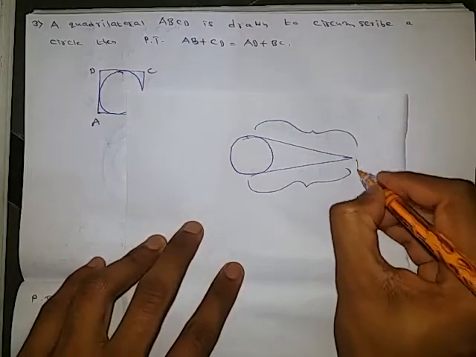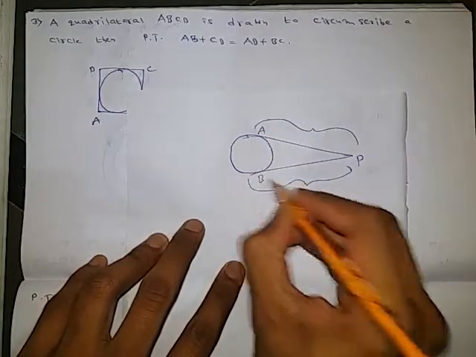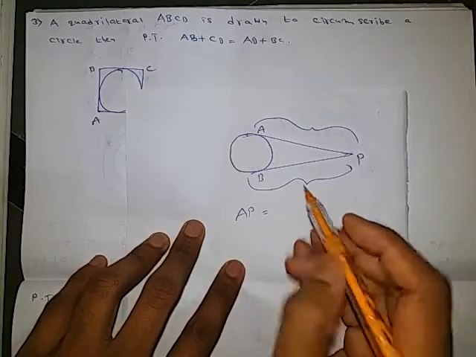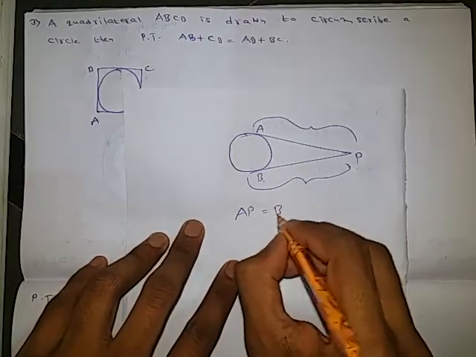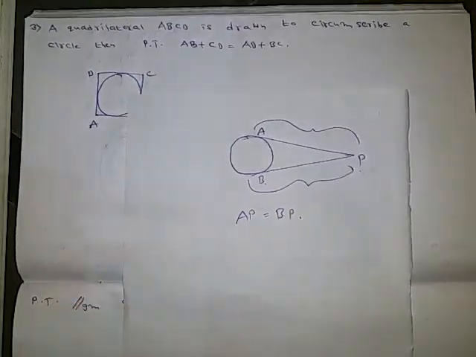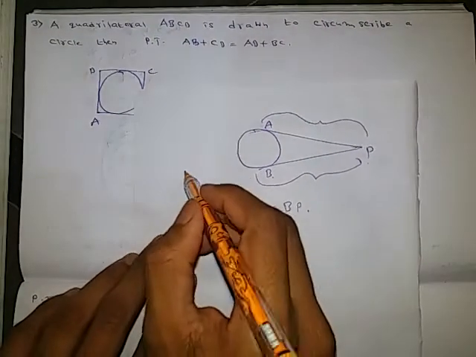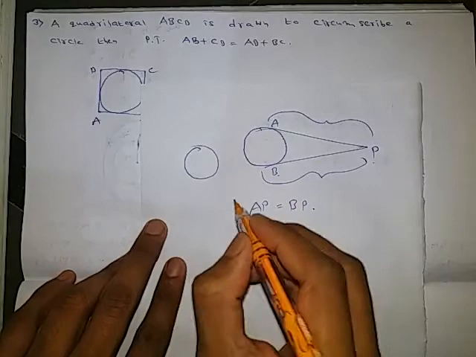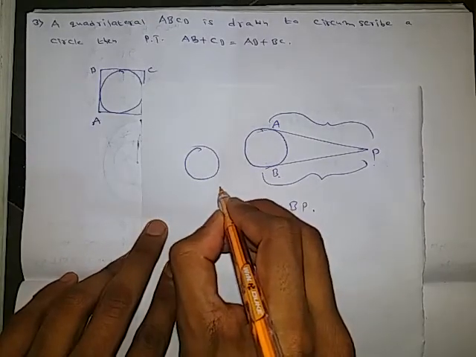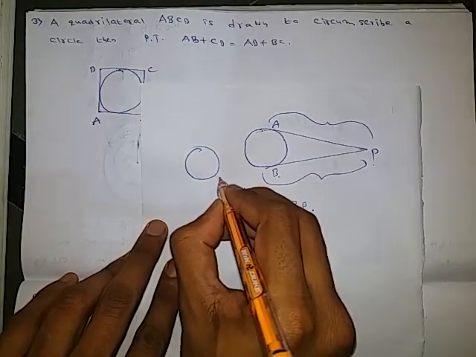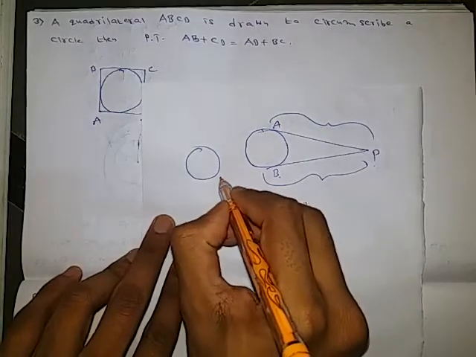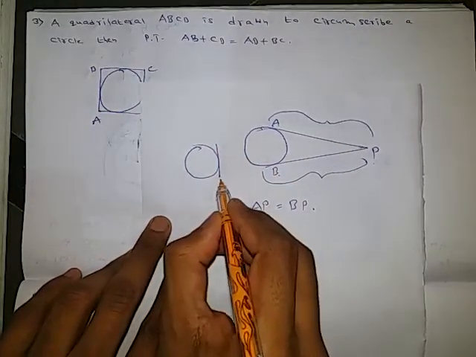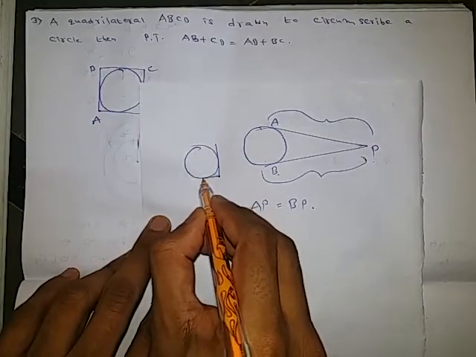For example, if I am taking this point P, A, B, then this tangent length, that is AP, is exactly equal to this second tangent length, that is BP. So it means, for example, I have one circle, and outside somewhere from one point I am drawing one tangent which touches this circle, and one more tangent towards this side which touches the circle.